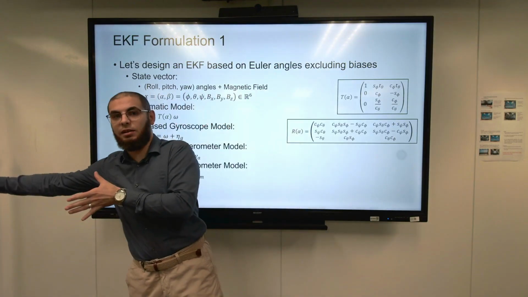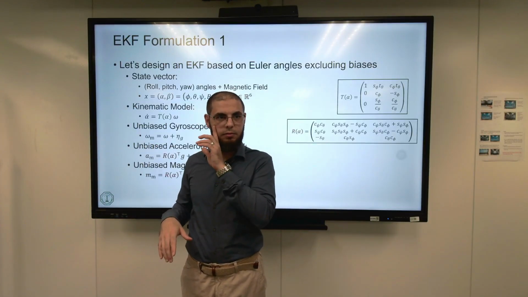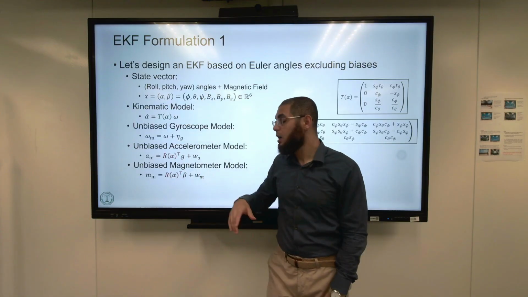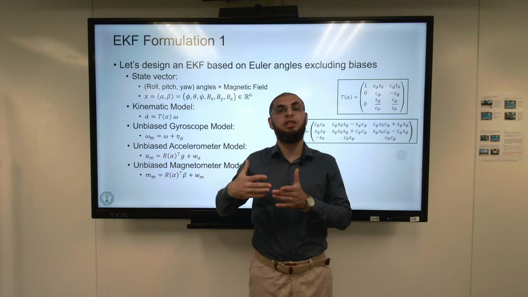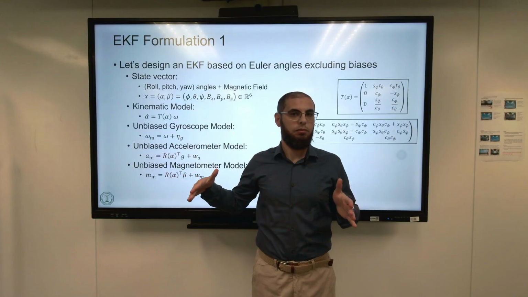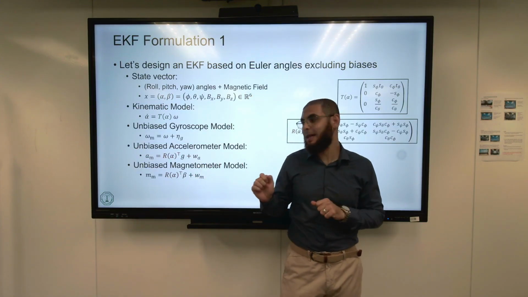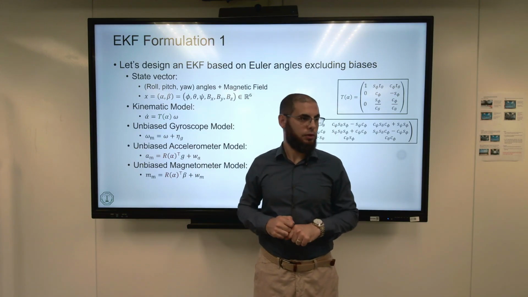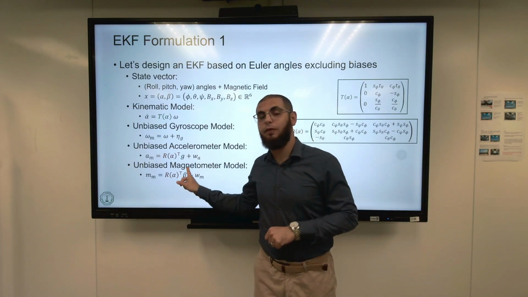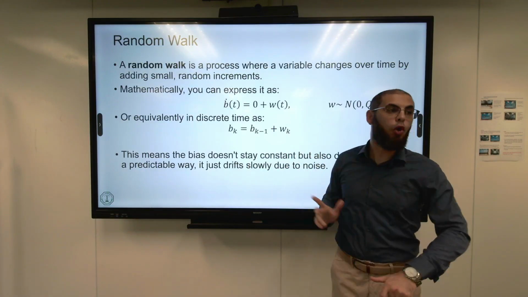If you get near stuff, then also it changes in that sense. But when it changes, does it change very rapidly or very slowly? What we're going to be doing here is assuming that beta is a constant that's changing very slowly. And thus the model for the beta dot equation will be given by something called a random walk.